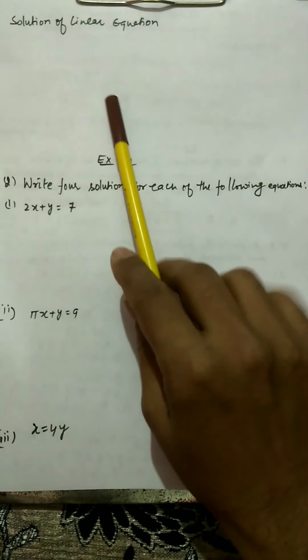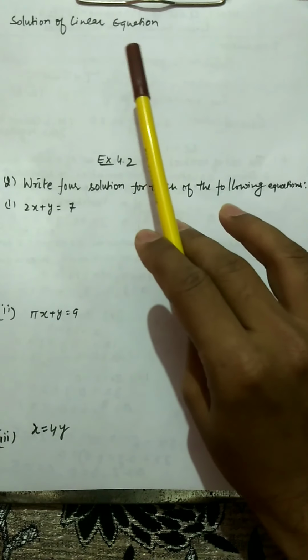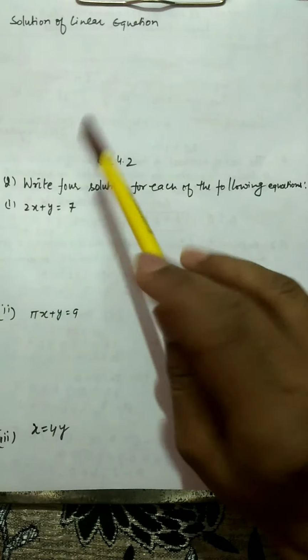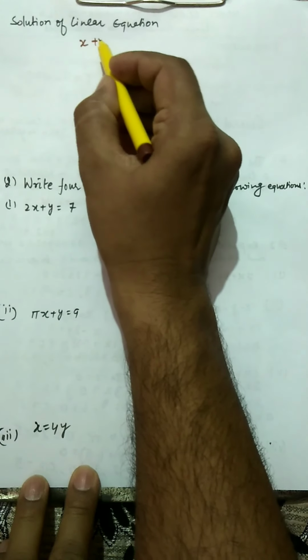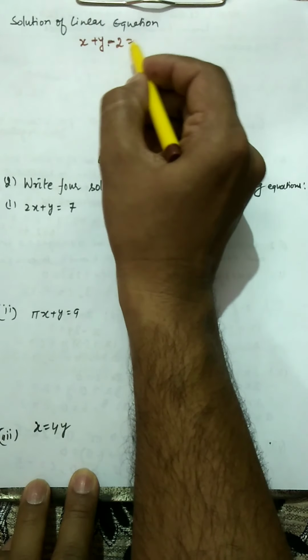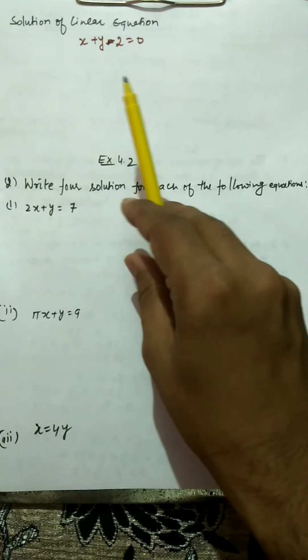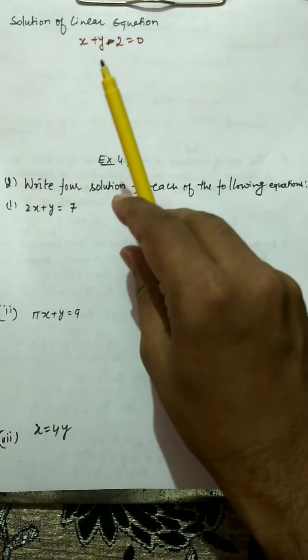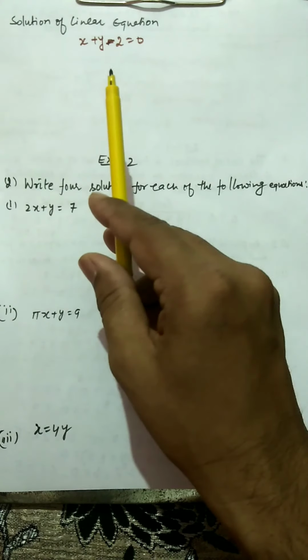Now we are going to discuss the solution of a linear equation. First we'll understand what is the meaning of solution. For example, I am writing x plus y minus 2 equal to 0. Here solution means any values of x and y which satisfy this equation.